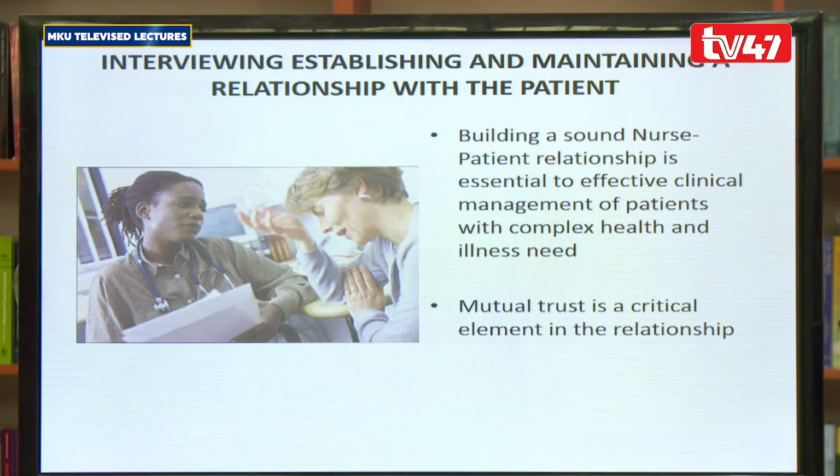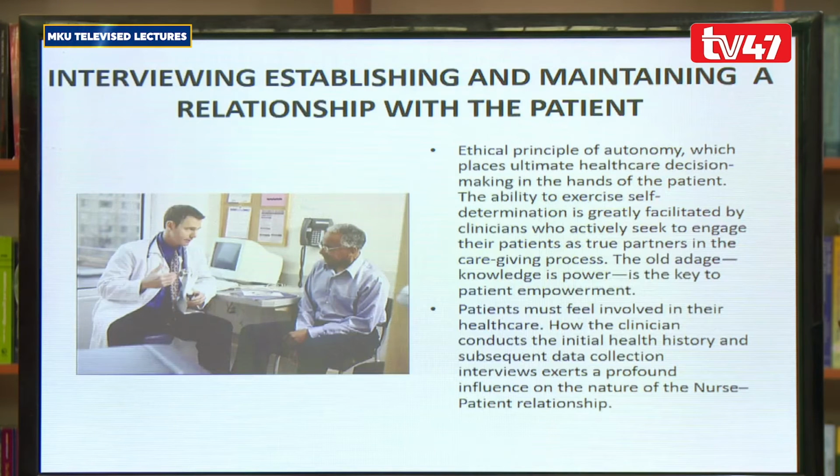So interviewing establishes and maintains a relationship with the client, and it is important in building the nurse-patient rapport relationship, of building mutual trust. And remember, when we collect data through the interview process, we have a client-nurse confidentiality bond there as well.